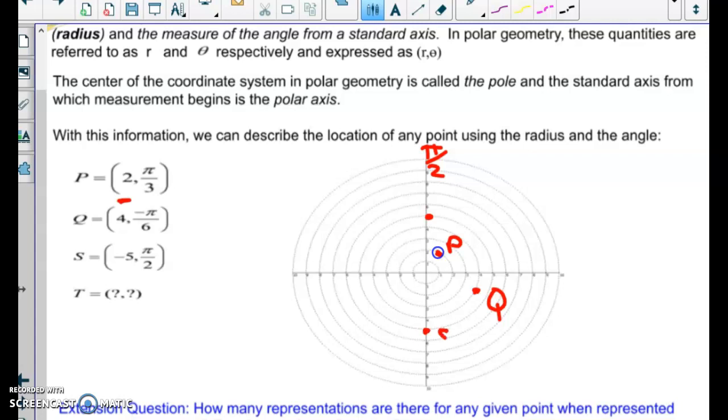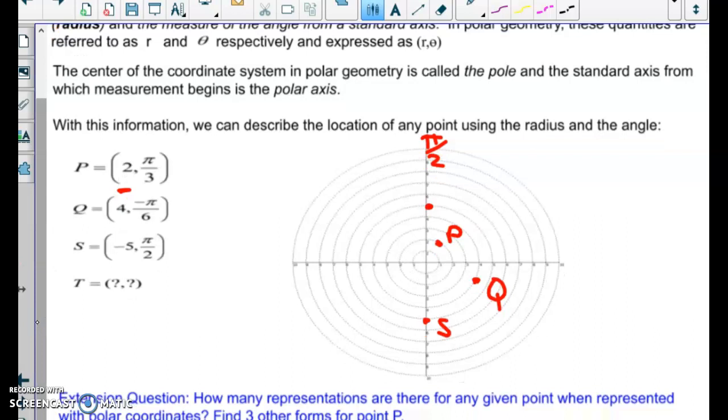So I'm going to label S at negative 5, pi over 2. Notice that I'm really at 3 pi over 2 with positive 5. And if I pick some variable t, I can put it anywhere I want. I'm going to leave that alone.